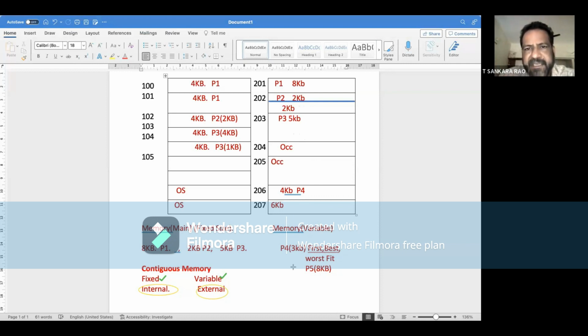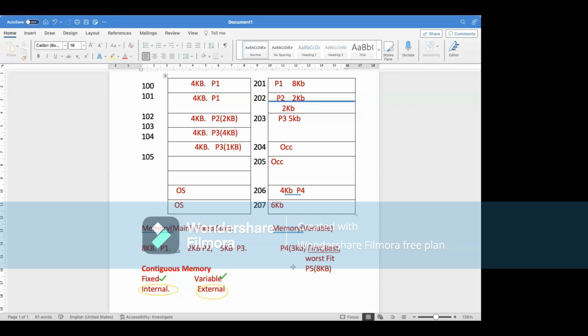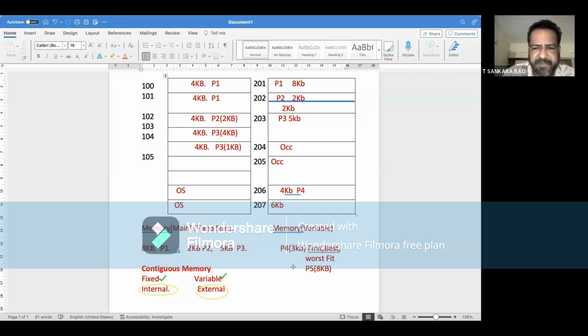Instead of restricting that every process should be in a continuous location, we can relax it. What is the opposite of contiguous? Discontinuous, or non-contiguous memory location.